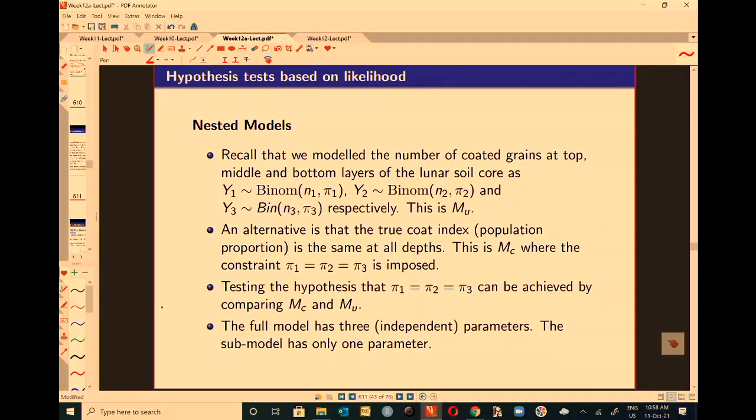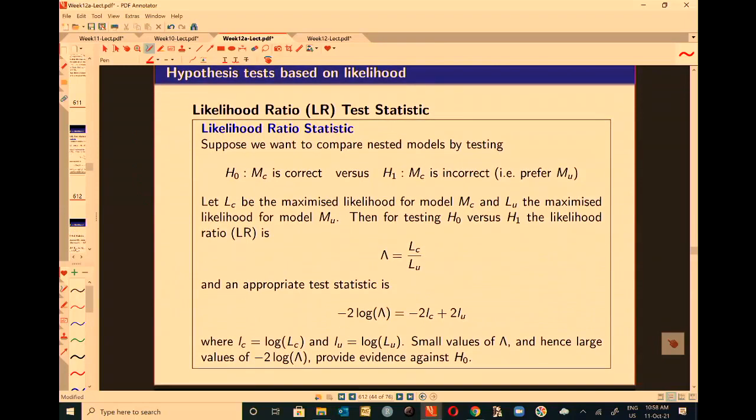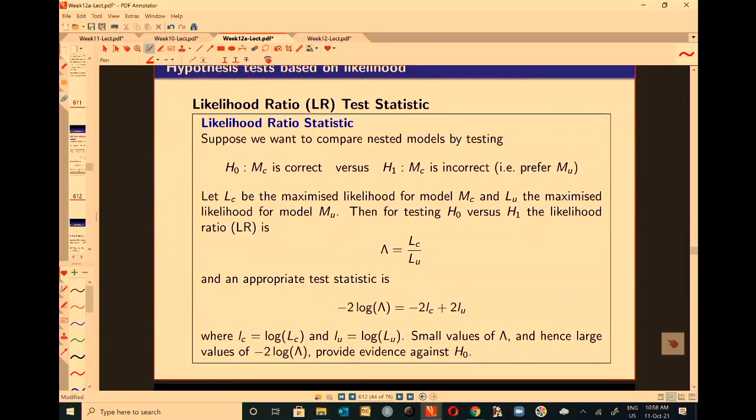But yeah, this is the whole idea, and very quickly what's happening here is you're taking a look at the likelihood ratio test. LC is the maximized likelihood for the constrained model, and LU is the maximized likelihood for the unconstrained model, and this is the likelihood ratio test.